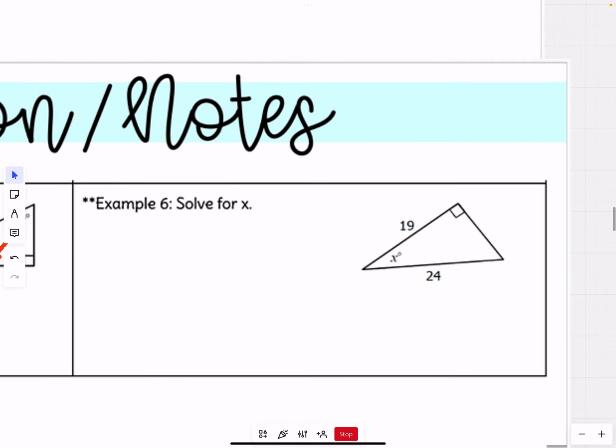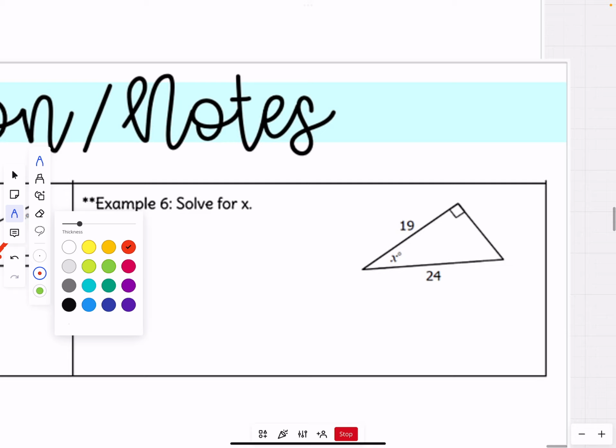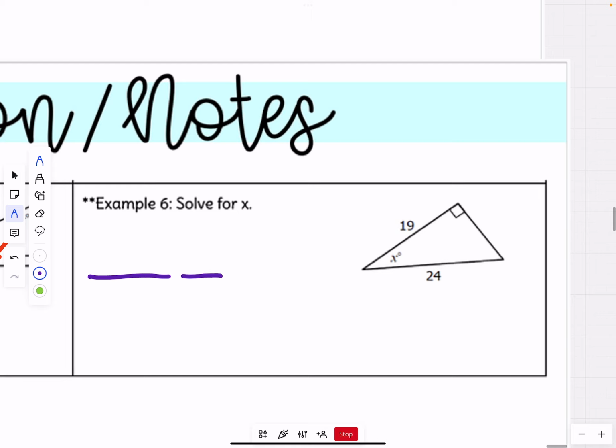And the very last one, let's do it. We have some trig function of something degrees equals a fraction, something over something. We know that that angle measures x degrees.